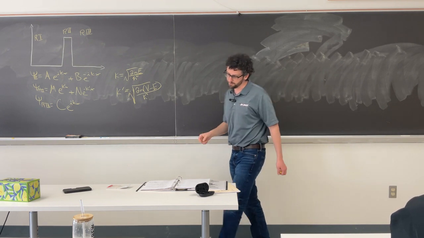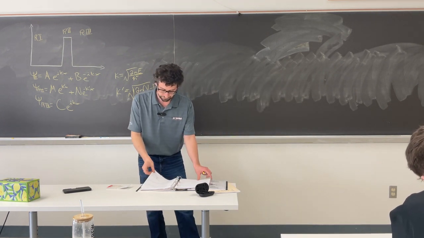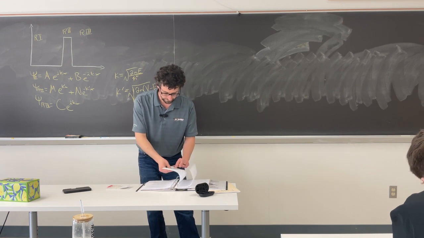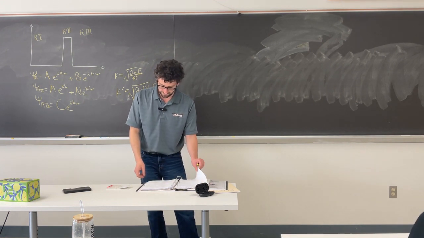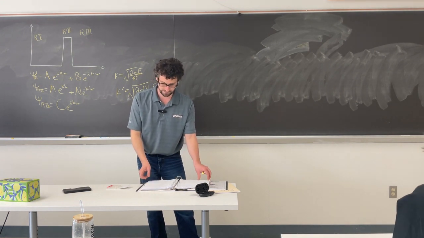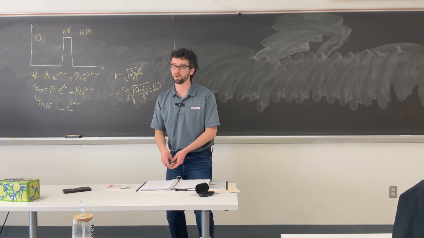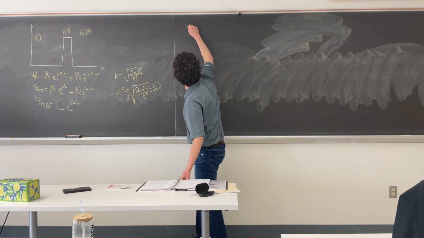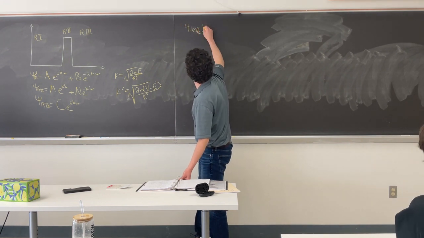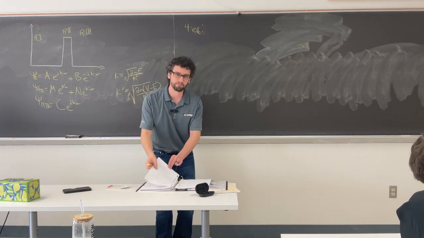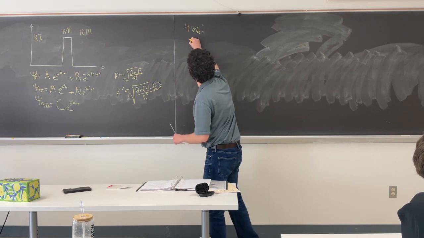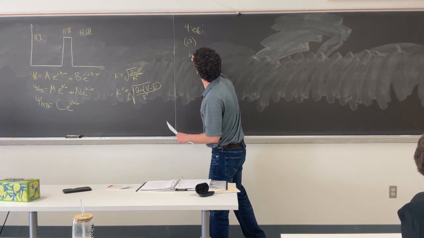Okay. Then we arrived at a point where we took derivatives of things, we looked at bounds, and we ended up with 4 equations. Do you guys remember what those equations were?